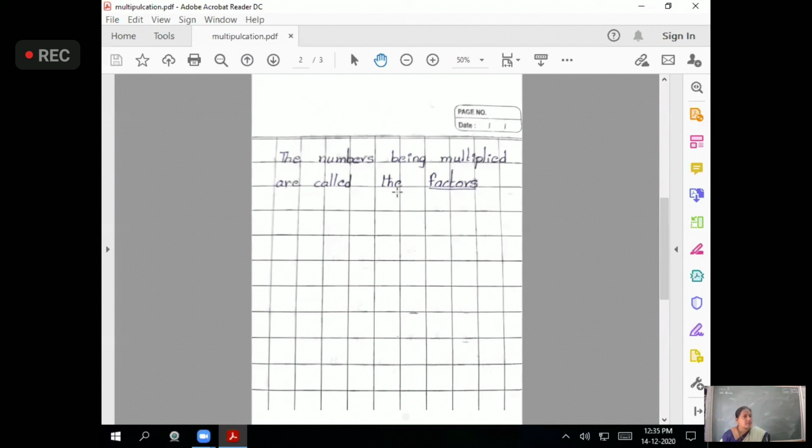What numbers we are multiplying are called factors, and the result, meaning the answer of the multiplication, is called the product. Completed? Only 1 point now. The numbers being multiplied are called the factors.